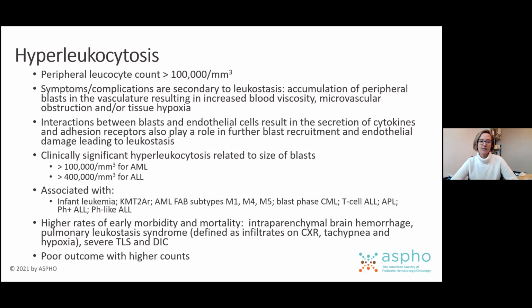There are higher rates of early morbidity and mortality in this setting, and that is related to complications of leukostasis, which are intraparenchymal brain hemorrhage, pulmonary leukostasis syndrome, which shows infiltrates on the chest X-ray, tachypnea, and hypoxia. And also patients with high white counts, as I mentioned before, are at risk for severe tumor lysis syndrome and also for DIC. The higher white counts are associated with poor outcomes.